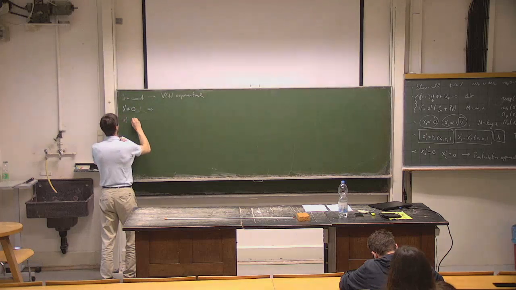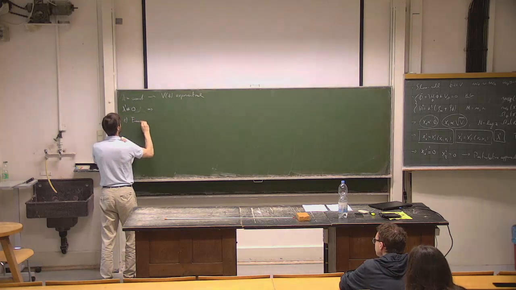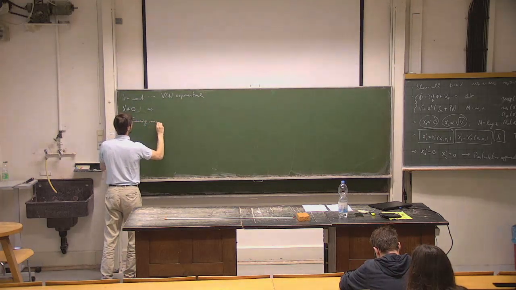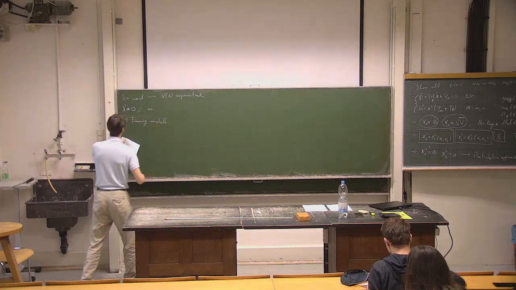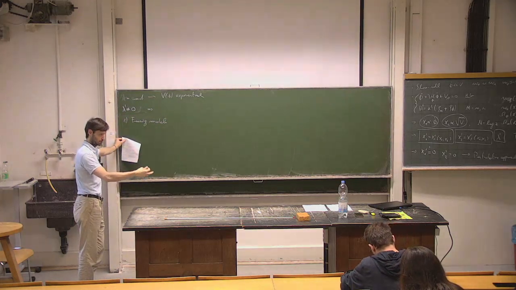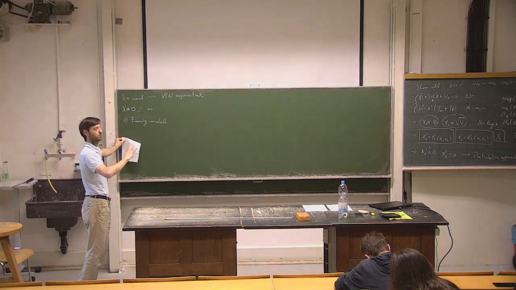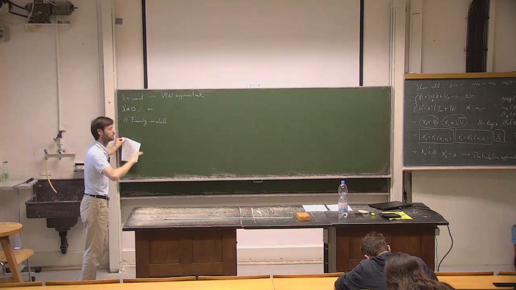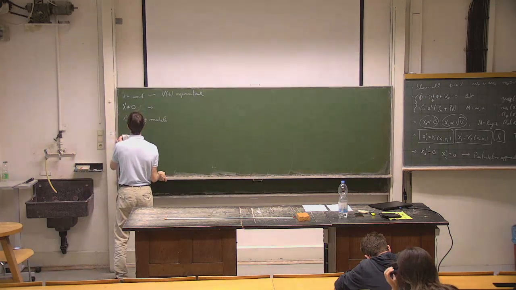One are the so-called freezing models, where there is a moment in which, once the expansion of the universe starts, the potential starts to freeze. The dynamics start to halt.